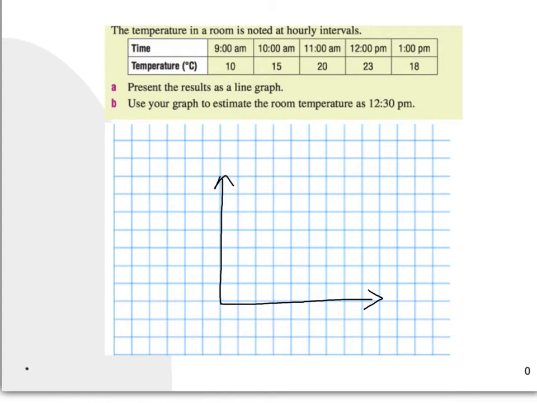Okay, we're actually going to construct a line graph now. So you can see that this is asking you to plot the temperature in a room at hourly intervals. So as we know, time needs to be on the horizontal axis. So we need to label the horizontal axis as time. Then we need to label the vertical axis as temperature.